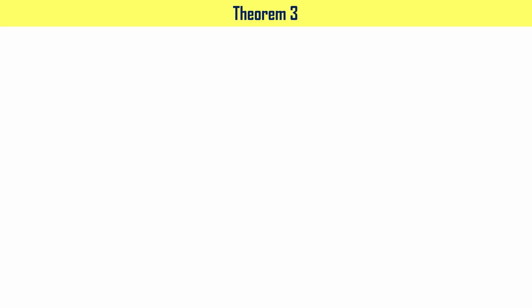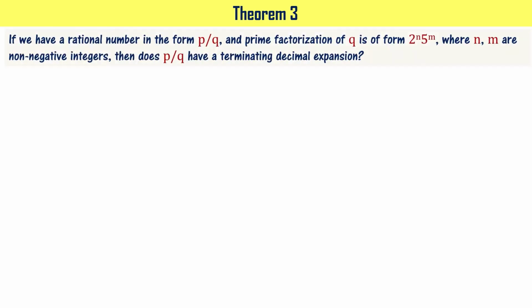Let's now take a look at another theorem. If we have a rational number in the form p by q, and the prime factorization of q is in the form of 2 power n and 5 power m, where n and m are non-negative integers, then does p by q have a terminating decimal expansion or not?